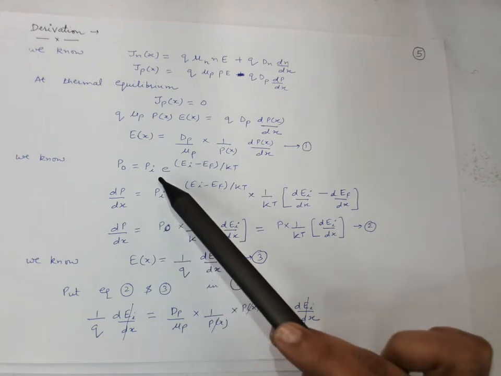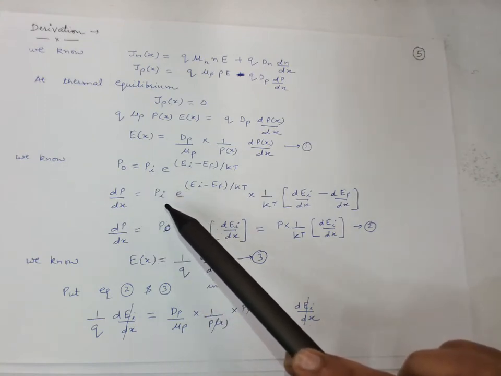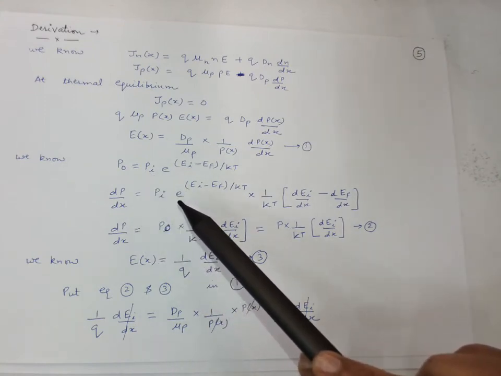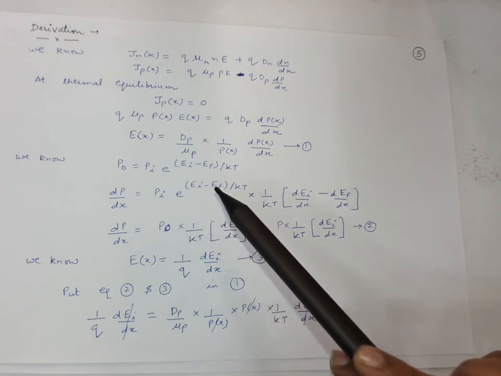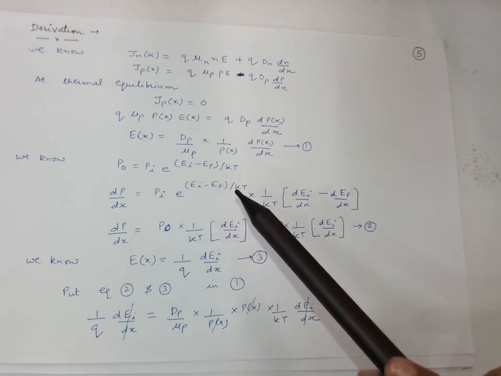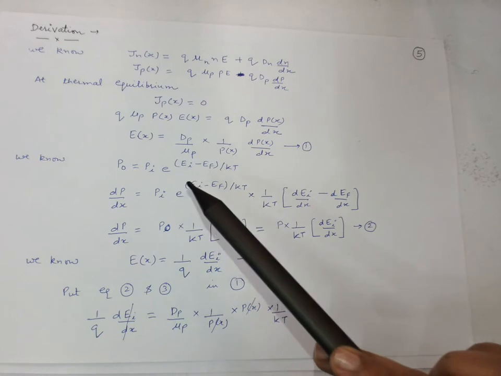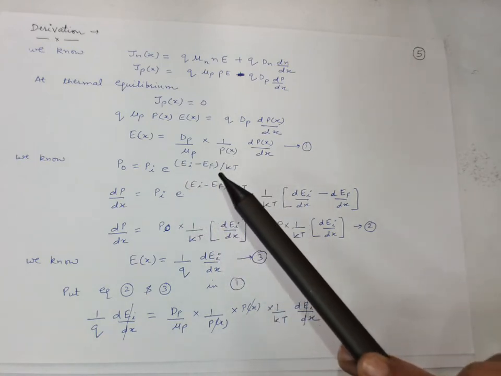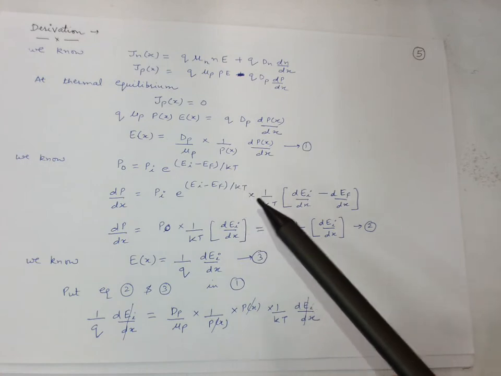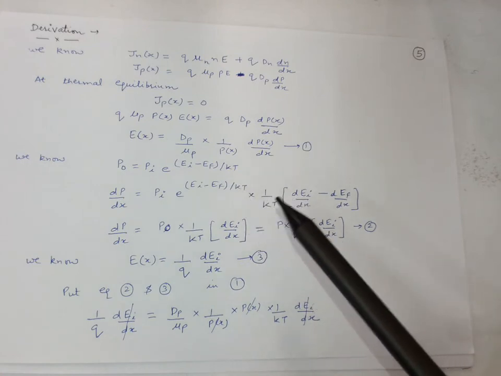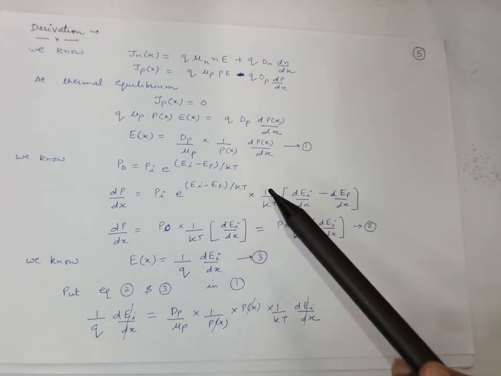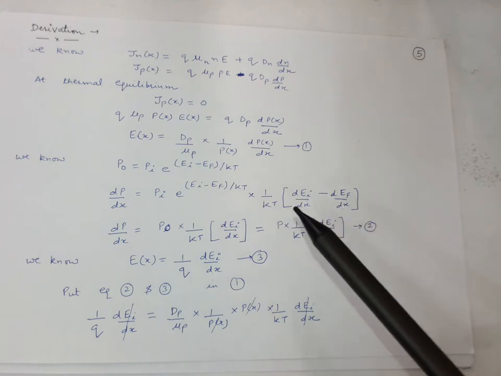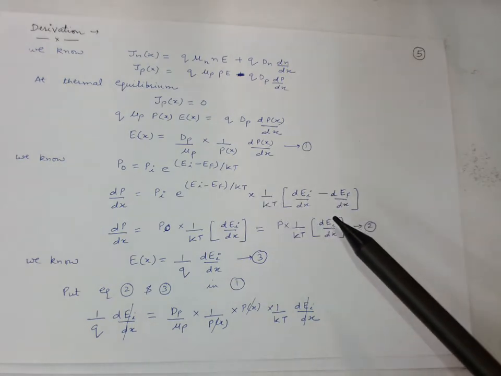This is a constant, so it comes out of the differentiation, e raised to the power Ei minus Ef upon kT. The differentiation of an exponential function remains as it is, into the differentiation of this quantity. So 1 upon kT comes out, dEi upon dx minus dEf upon dx.